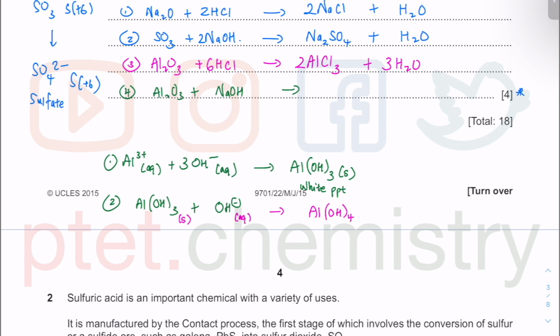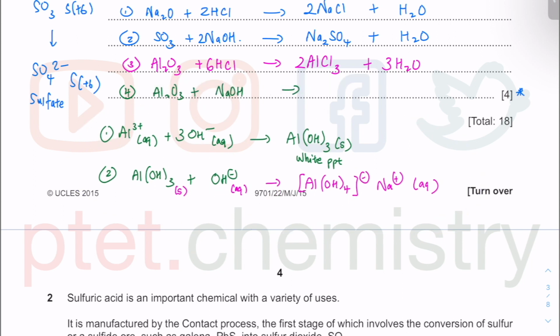I have aluminium 3 plus and then 4 of that OH minus, so this is going to be minus, and Na plus is an ionic compound, aqueous. That is why the state symbol there is aqueous, because it is soluble. This is colorless in solution. So the precipitate dissolves to give you a colorless solution, a solid dissolving in excess sodium hydroxide.